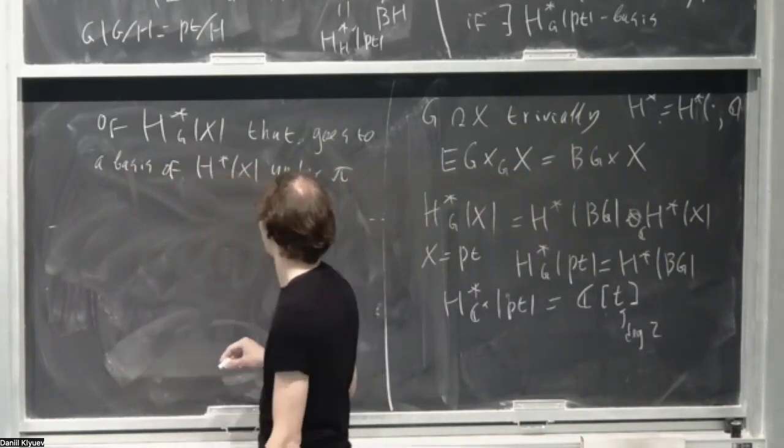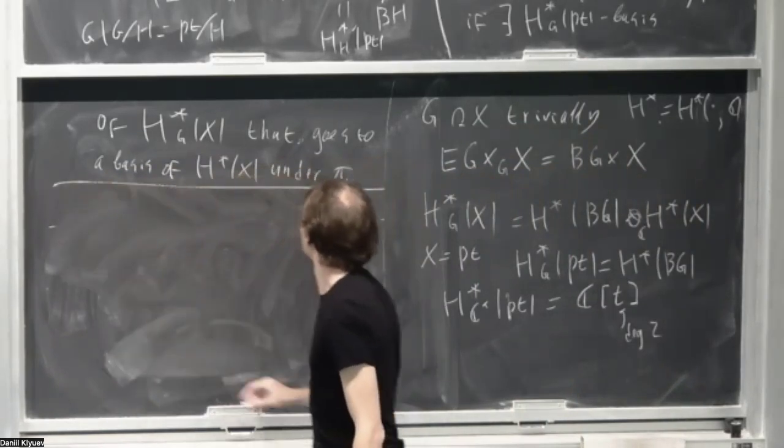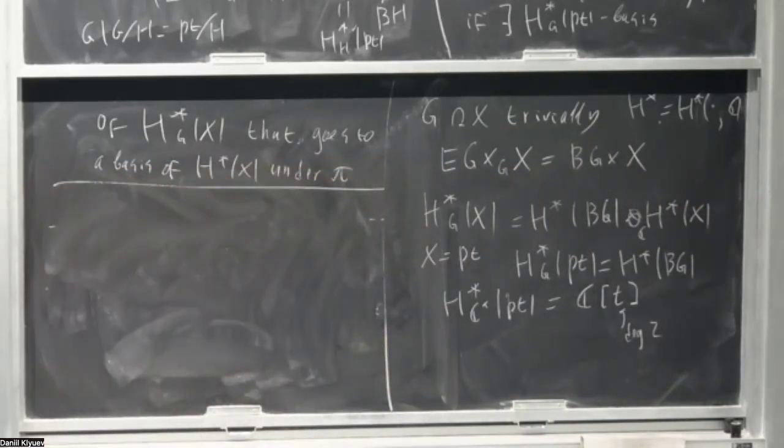That's something we'll discuss in lectures 2 and 3, I guess: Borel-Moore homology and the example of the flag variety. Yeah, so these spaces are nice and good.